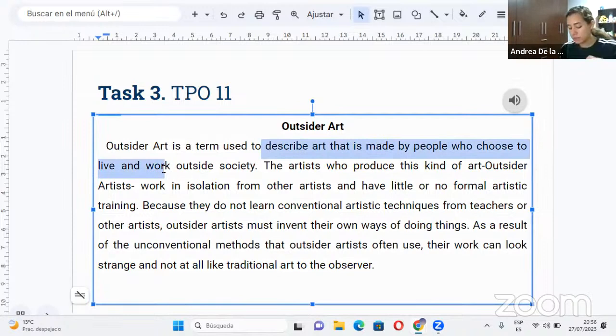But don't explain, don't tell me because they didn't have a possibility to learn artistic techniques, because they lived away from everyone. Don't explain, because you will explain with your example, right? The way that the question says. So don't explain, just mention briefly what the concept is, and you will explain better with the example. So those are the only things that I'd say. But overall, it was a great response as well. Well done, Carolina. Okay, thank you.